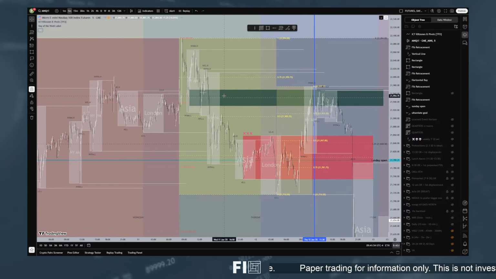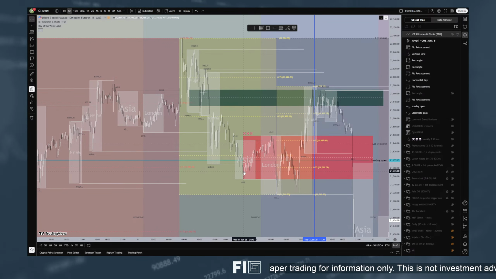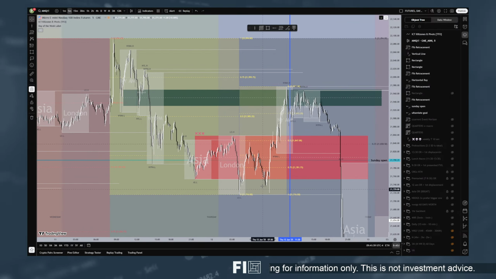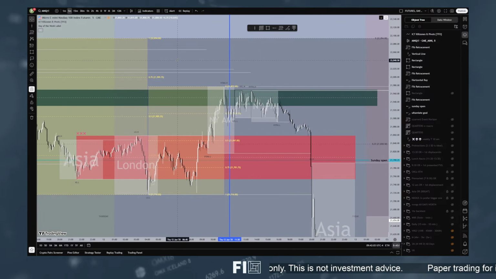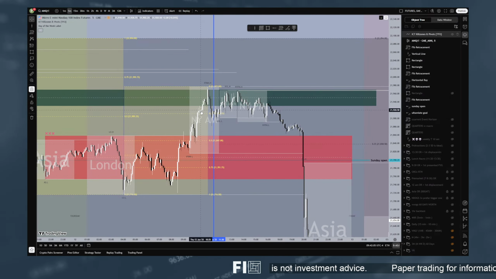Type 1 dealing range. Instead of a higher time frame, type 1. Okay.